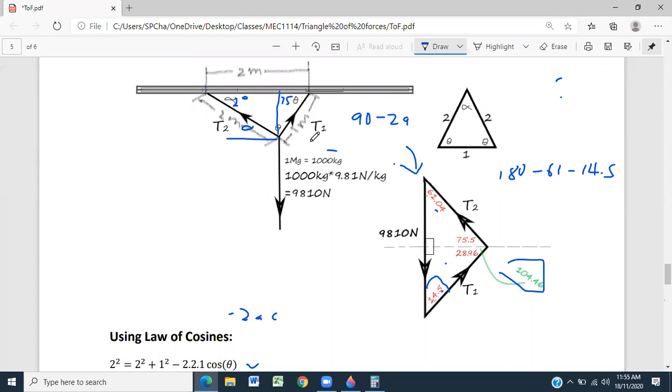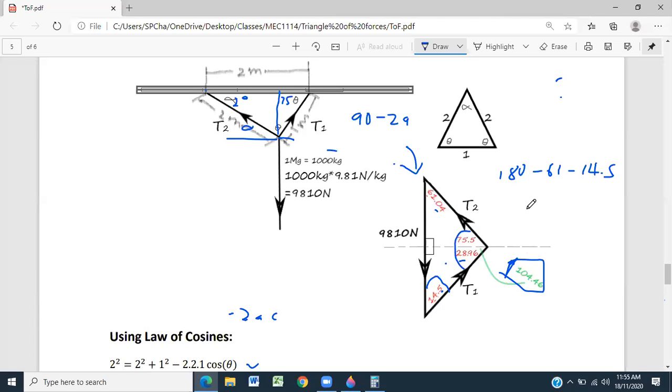Or you can just do some stuff here, theta, and realize that this is 28 and this is 75, and then add them up and get 104, right? So whatever you want to do, this angle here is 104.